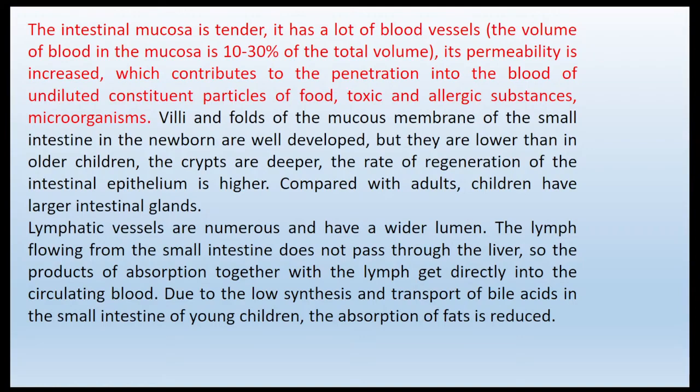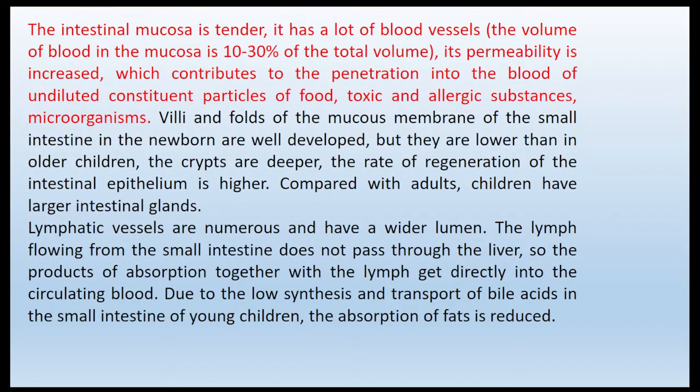The crypts are deeper. The rate of regeneration of intestinal epithelium is higher. Compared with adults, children have larger intestinal glands. Lymphatic vessels are numerous and have a wider lumen.